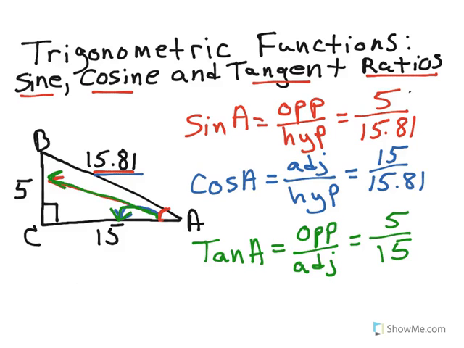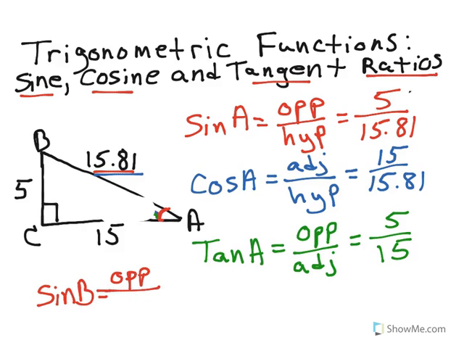If we want to find the sine, cosine, and tangent for angle B, we will do the same thing. The sine of angle B still equals the opposite side to angle B divided by the hypotenuse. The opposite side to angle B is 15, and the hypotenuse is 15.81.